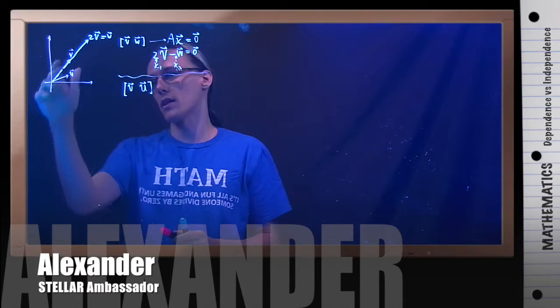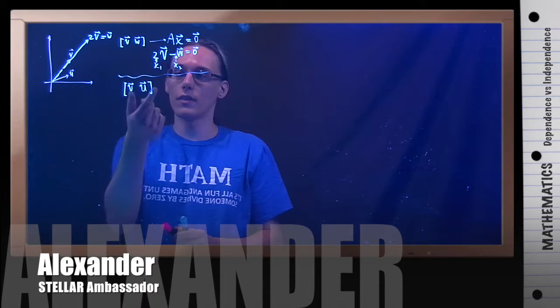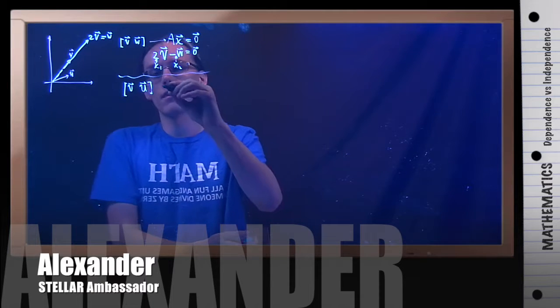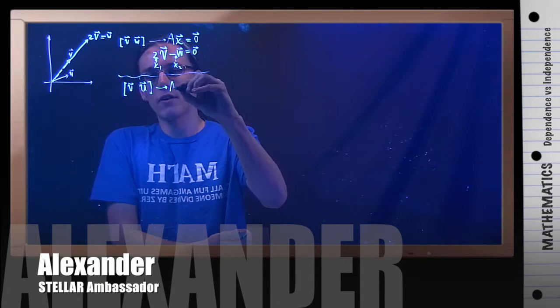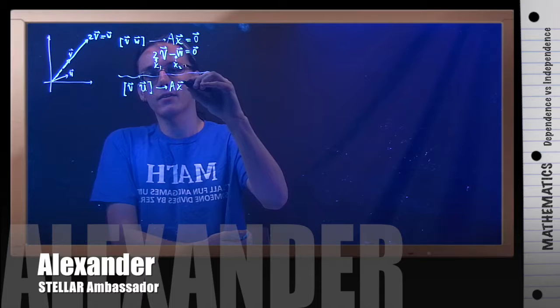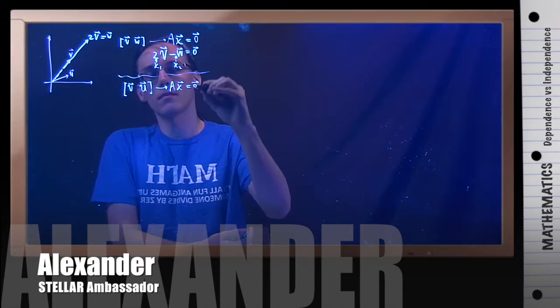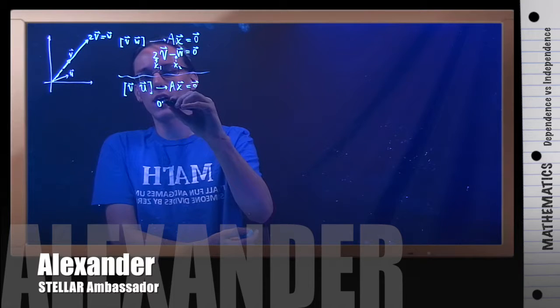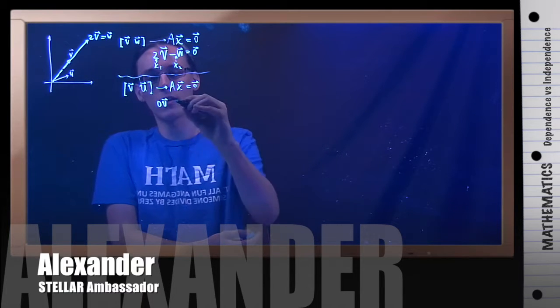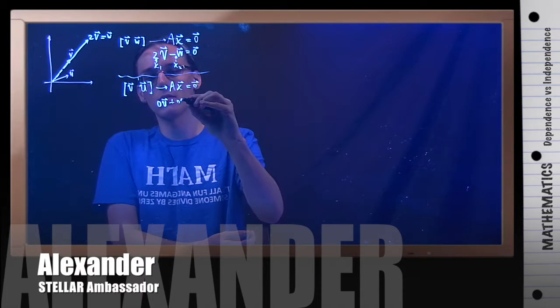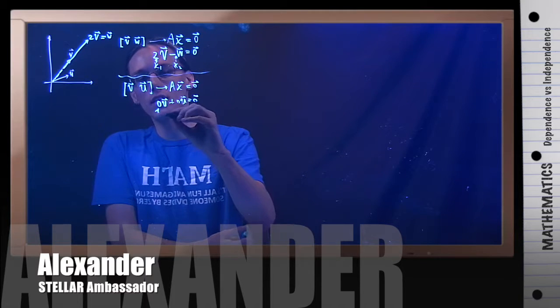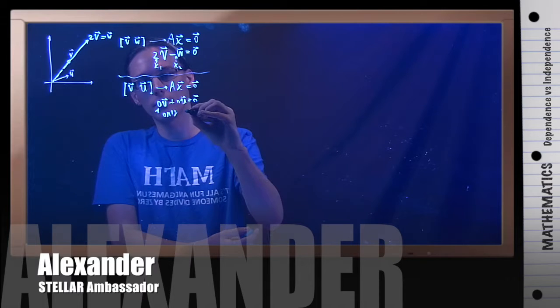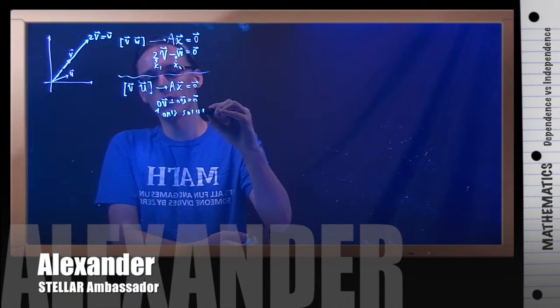Likewise, V is not some scalar multiple of U. So if this is my matrix A, then in this case, if I try to solve the equation AX equals 0, the only thing that works is doing 0 times the V vector, plus 0 times the U vector. This is the only solution. And it's called the trivial solution.